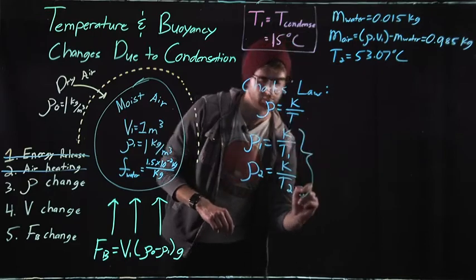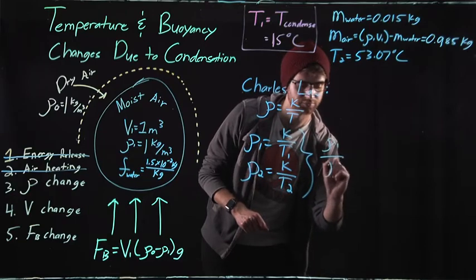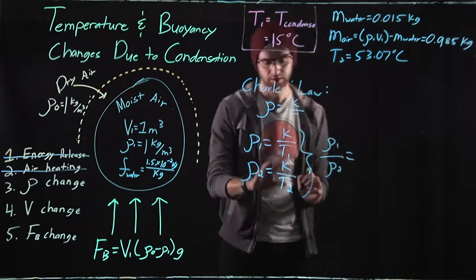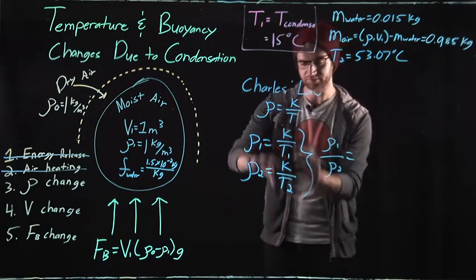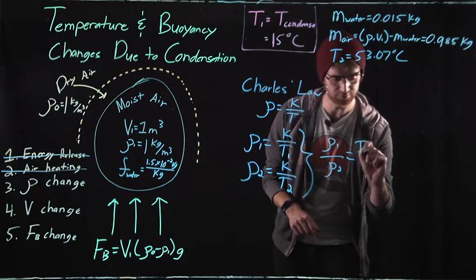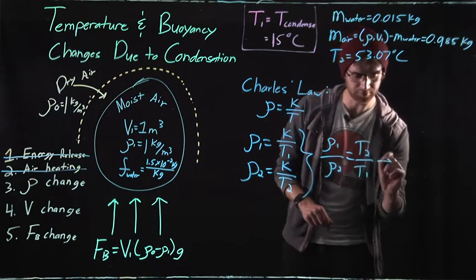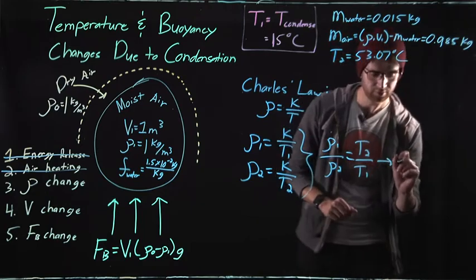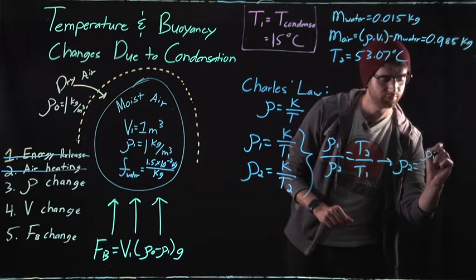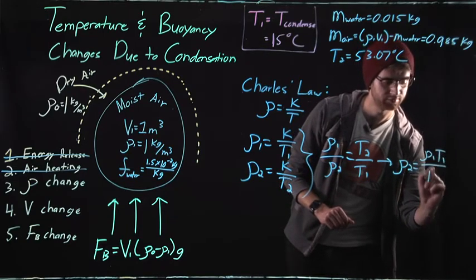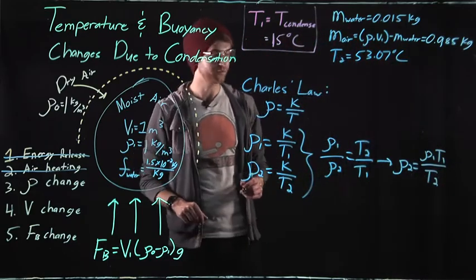All right. And so that must mean that rho 1 divided by rho 2 equals, and when we divide these two, the K's cancel out and the T's flip position, and we end up with T2 divided by T1. So that must mean, rearranging this equation, we find that rho 2 equals rho 1 T1 over T2. Well, we know the original density. It was 1 kilogram per meter cubed.